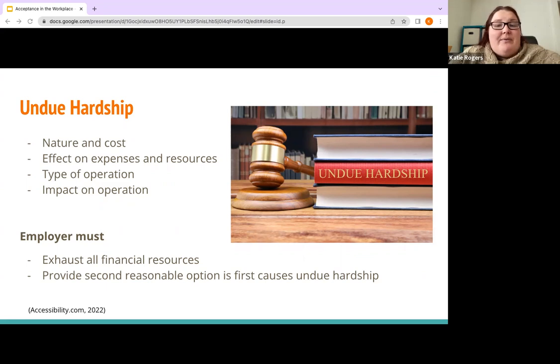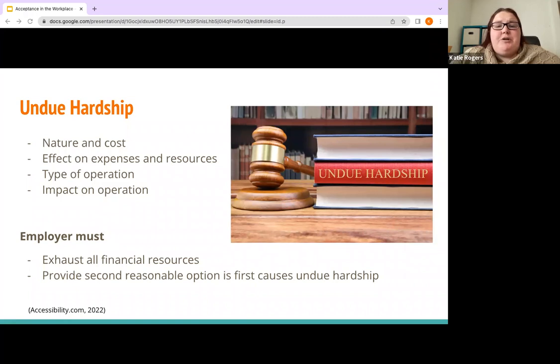Also, the type of operation of the employer, including the structure and functions of the workforce, the geographic separateness, and the administrative or fiscal relationship of the facility involved in making the accommodations, and then the impact of the accommodation on the operation of the facility. So the ADA's legislative history indicates that Congress wanted employers to consider all possible sources of outside funding when assessing whether a particular accommodation would be too costly.